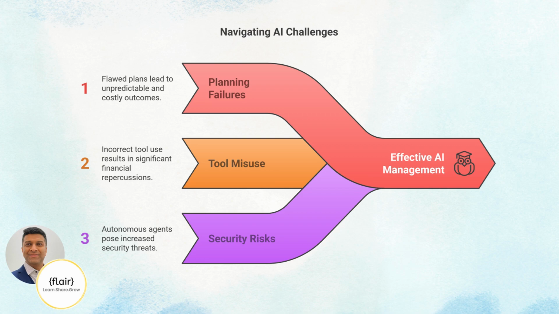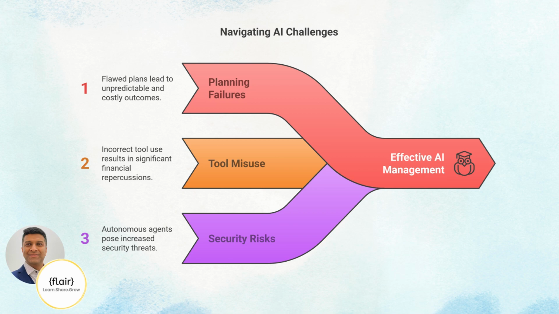But with all this power comes risk. What if the AI misuses a tool, like accidentally refunding the wrong customer or ordering 1,000 fruity fedoras instead of 10? Chapter 6 outlines several pitfalls. Planning failures are one. If the agent's plan is flawed or fails to account for real-world variables, things can go wrong fast. Tool misuse is another. If the agent picks the wrong tool or misinterprets instructions, the consequences could be costly.